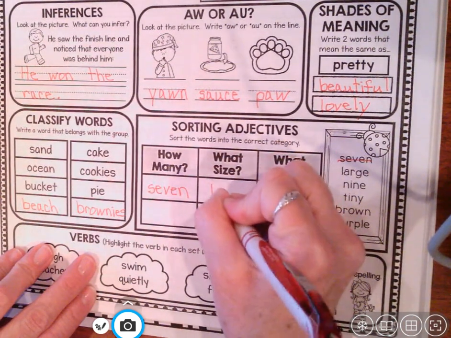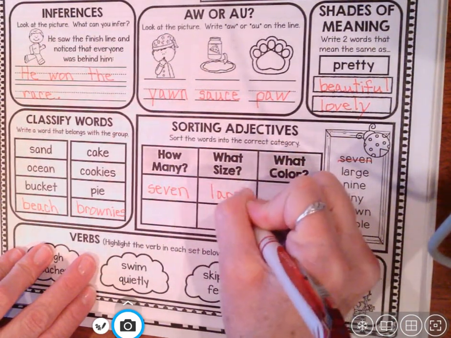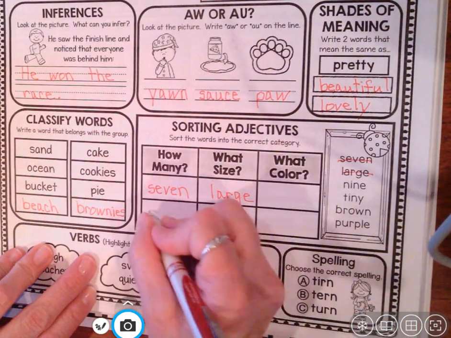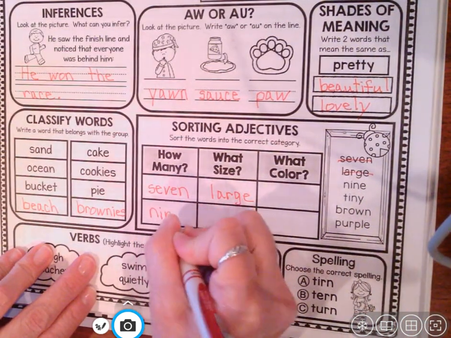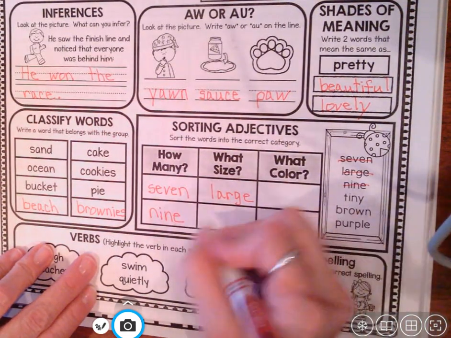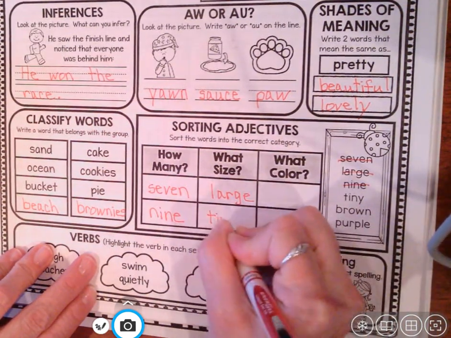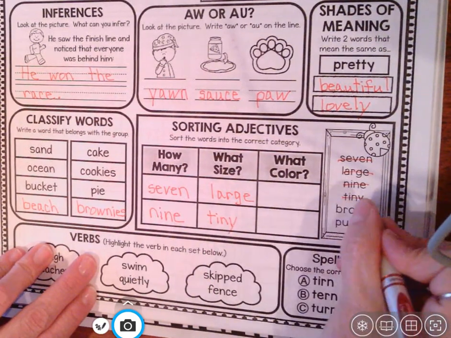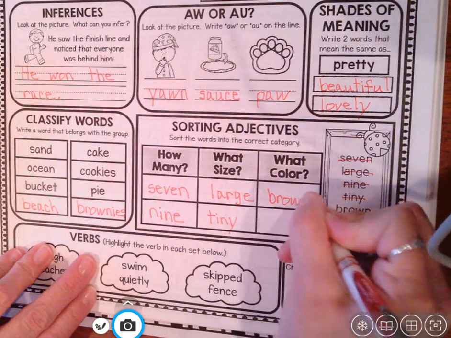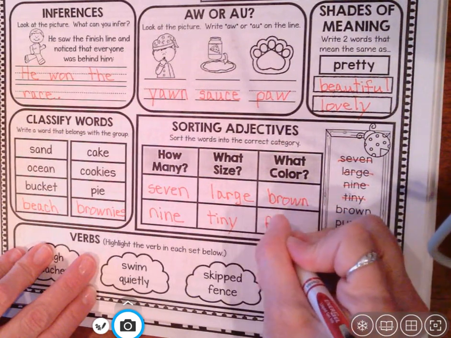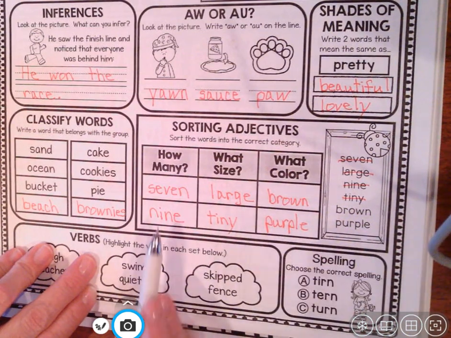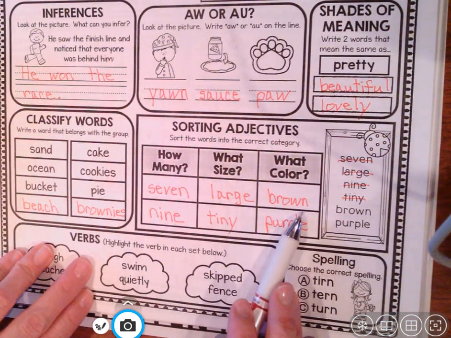So we're going to put large under size. 9, that's how many. Tiny, that's the size. Color, brown and purple. All of these words are adjectives. They all describe something.